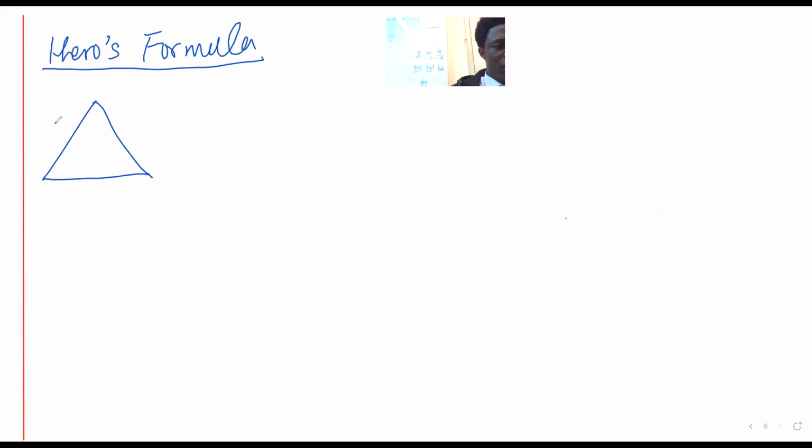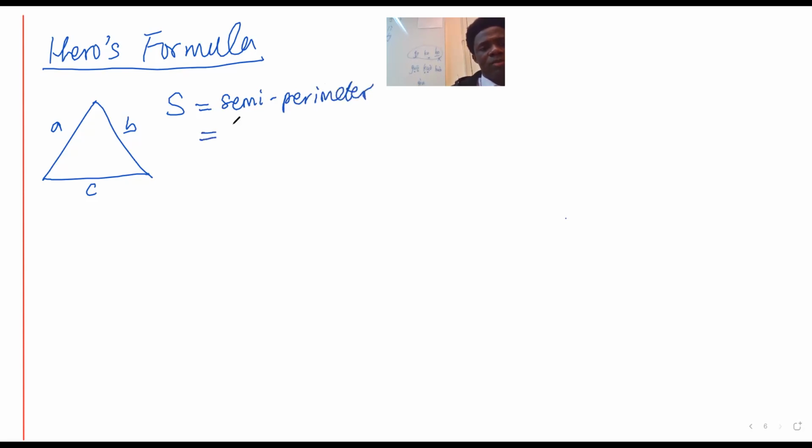So for Heron's formula, let the sides of a triangle be a, b, and c. We call s the semi-perimeter. That is perimeter divided by 2. So that's a plus b plus c divided by 2.